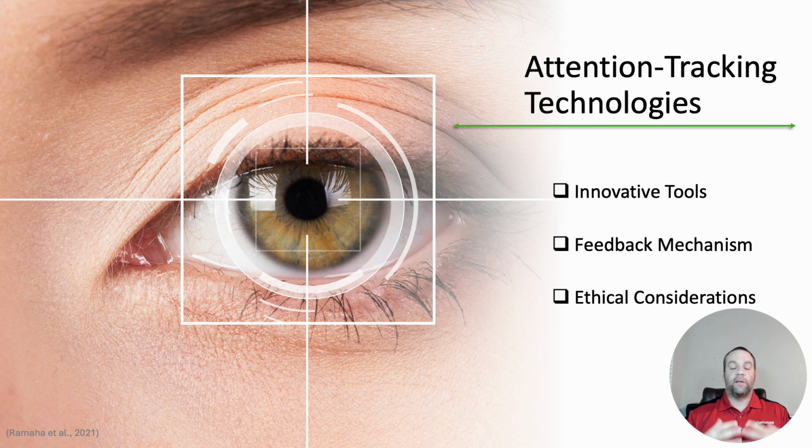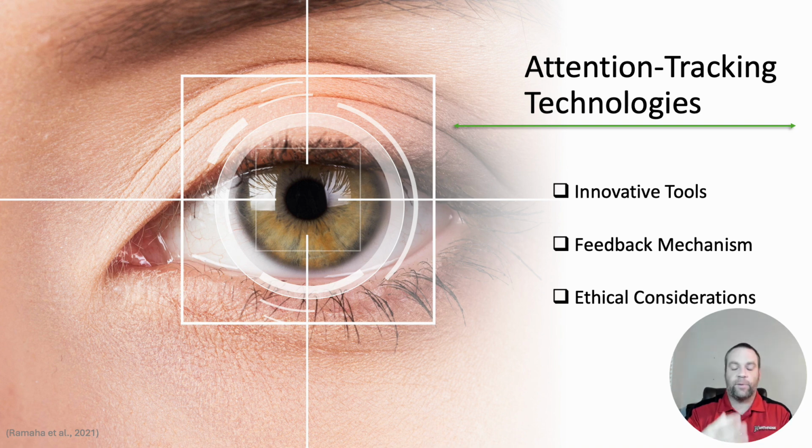Now, there are a lot of different technologies out there to assist with maintaining engagement, not only for the students, but also to allow the instructor to know: are our lectures, our assignments, our projects engaging the students?